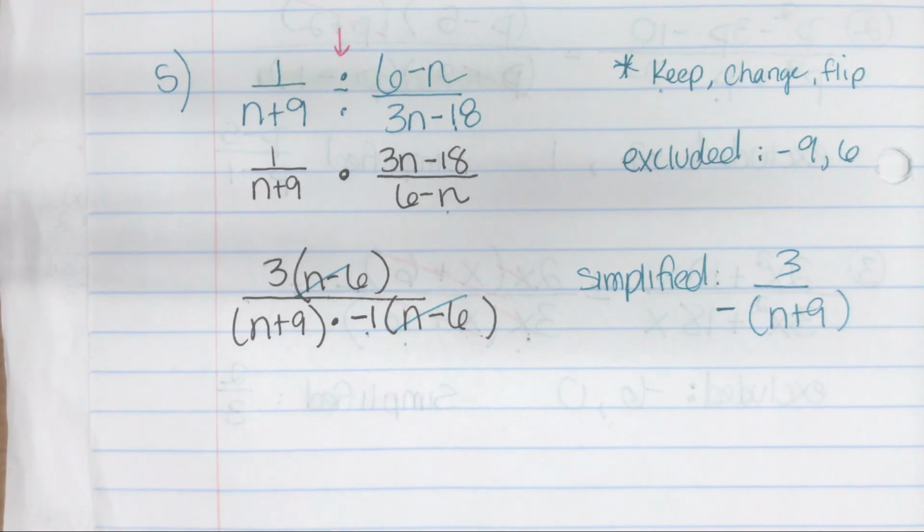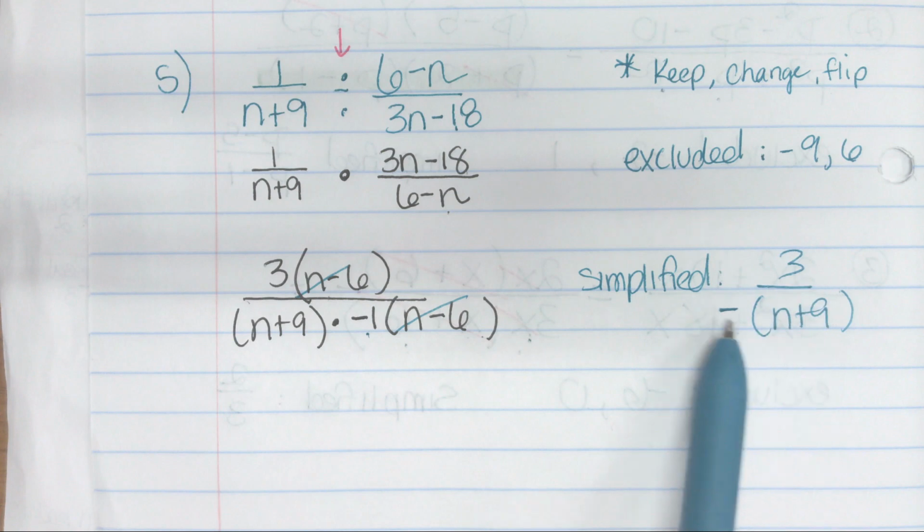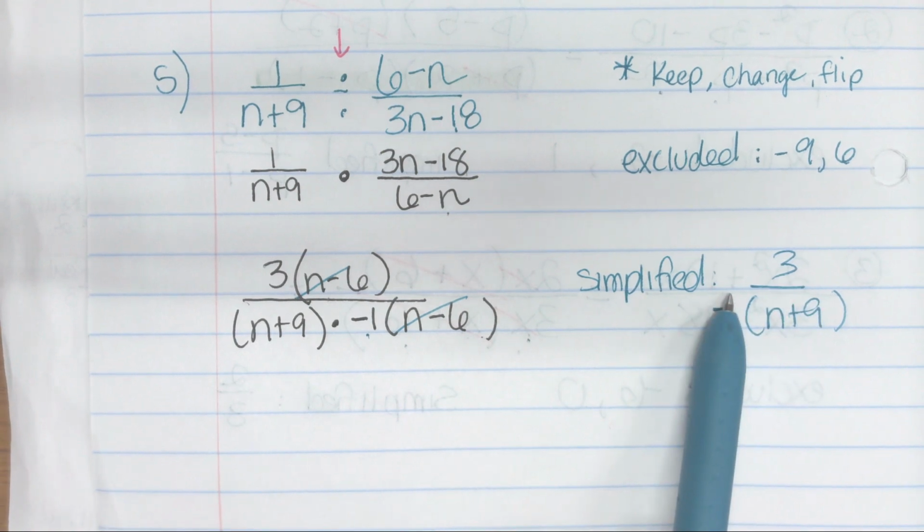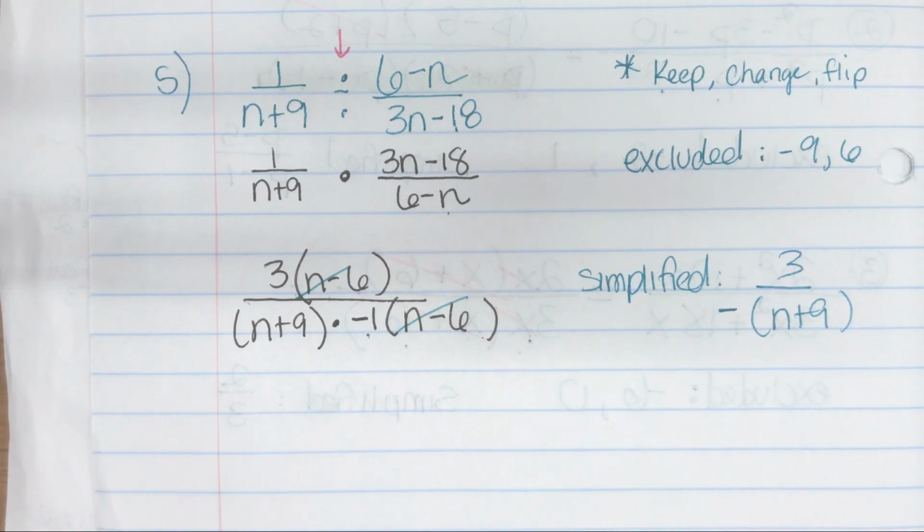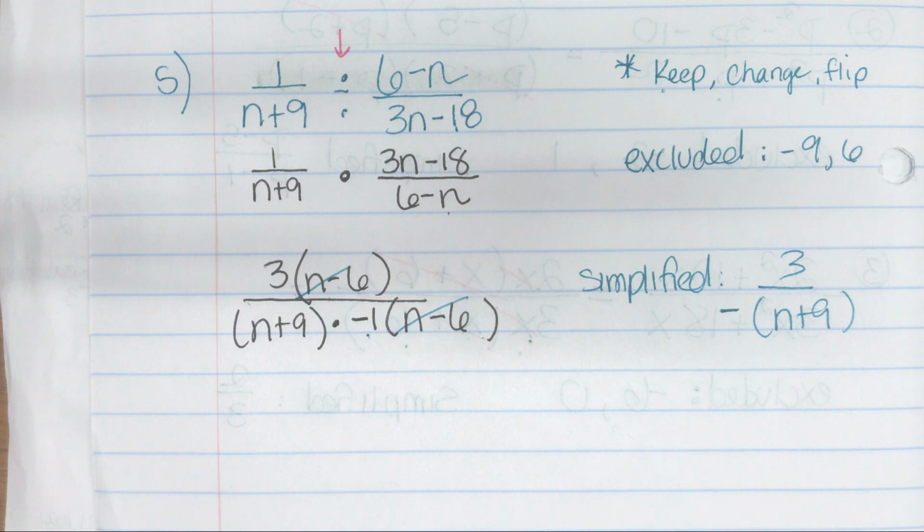When we have negatives in fractions, you can put it on the bottom, the front, or on the top if you wanted. But just don't try to make it in more than one spot. Okay, so that would be the simplified. Okay, so that's all there is to that. Do you have questions so far? So let's do a little practice.